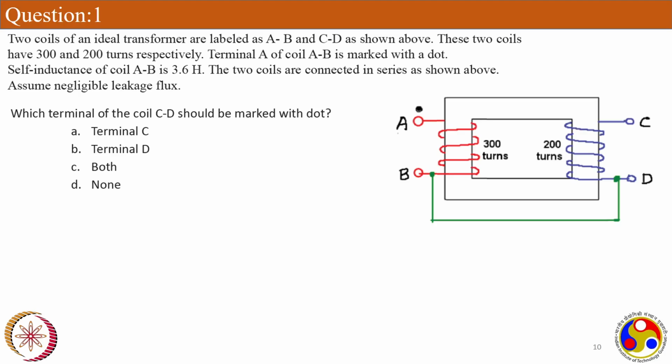Terminal A of coil AB is marked with a dot. Self-inductance of coil AB is also given, that is 3.6 Henry. Now the two coils are connected in series. This is something we have not discussed, but it's nothing to be worried about. Series connection of coils, assuming negligible leakage flux. Of course, there is no leakage flux in an ideal transformer. And the question is, which terminal of coil CD should be marked with a dot?